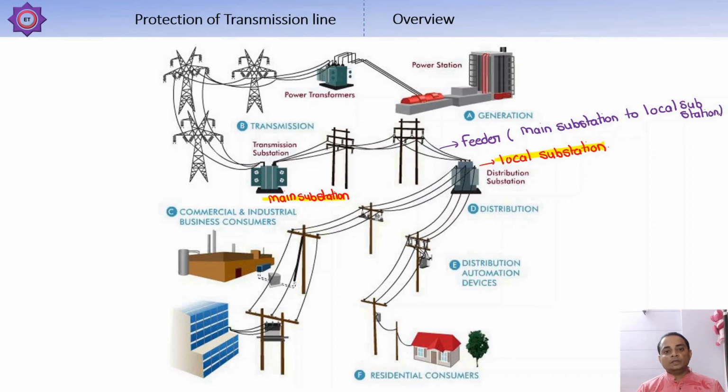It may be at 11 kV or 66 kV. The conductor which carries power from the local substation to the nearby surroundings, such as industries or our houses, is known as a distributor. It may be at 440 volts or more.